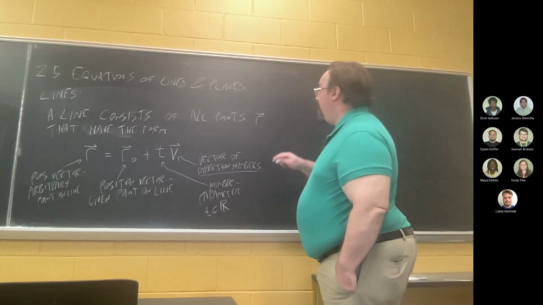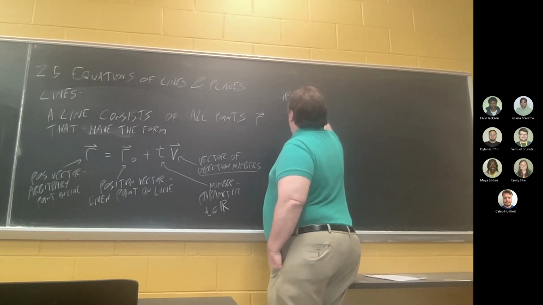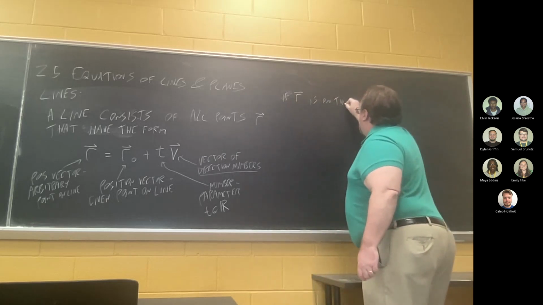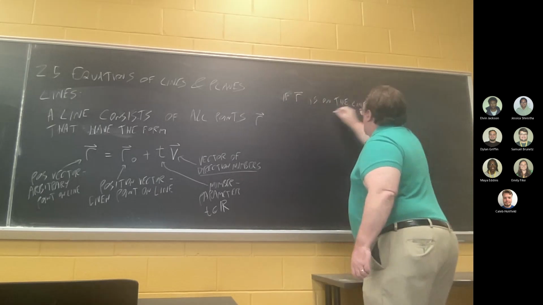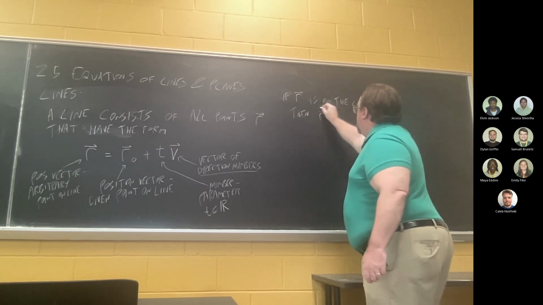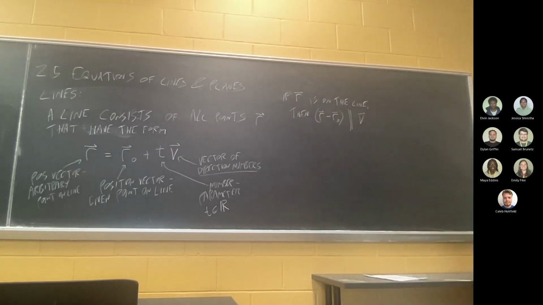So what this tells us is if you have a point r on this line, then the vector r minus r naught is parallel to v. It's pointing in the same direction as v if t is positive, or in the opposite direction of v if t is negative.